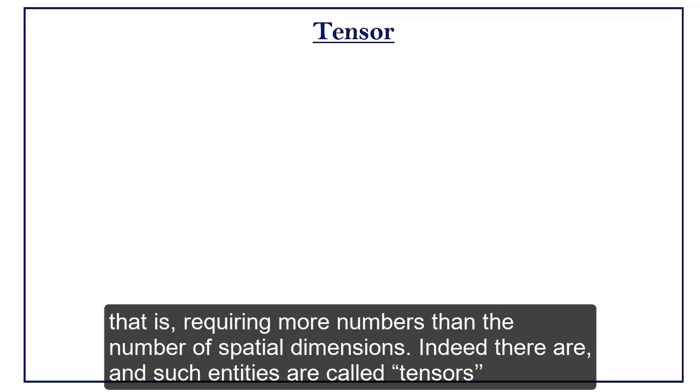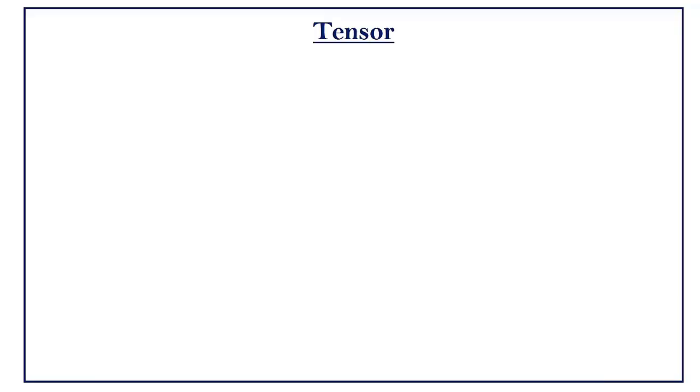That is, requiring more numbers than the number of spatial dimensions. Indeed, there are, and such entities are called tensors. Basically, tensor is the father of vector quantities, and eventually, you also agree with my opinion.